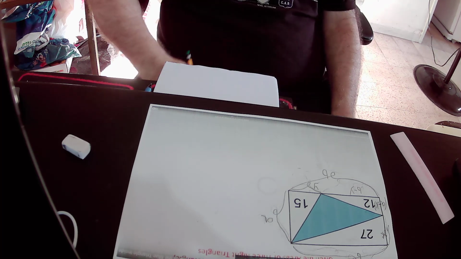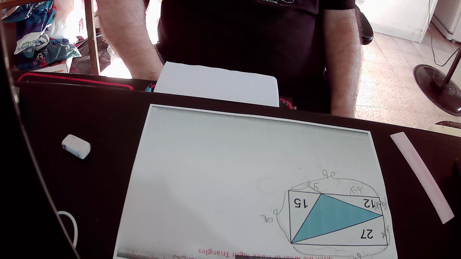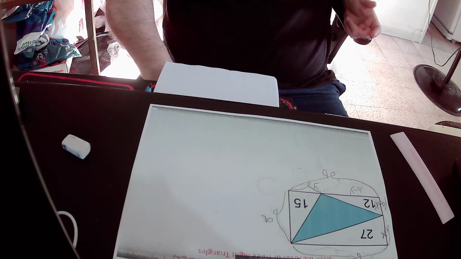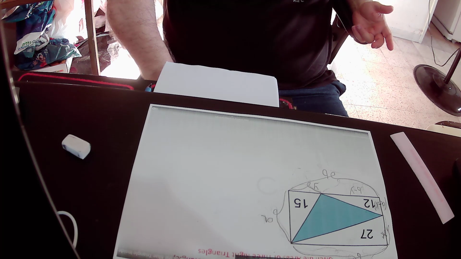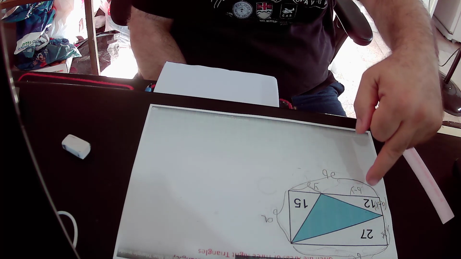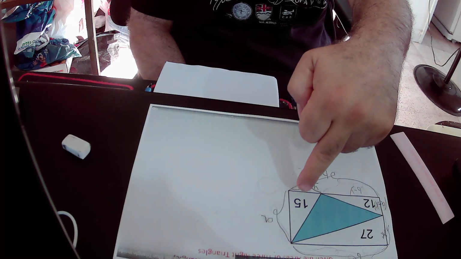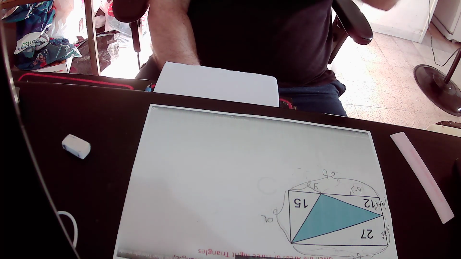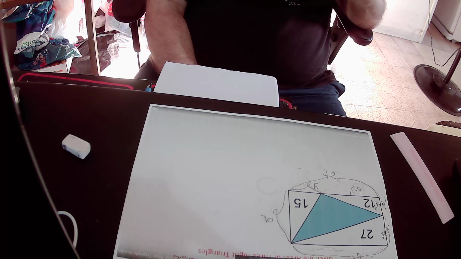So in the next step we will create the formulas for the areas of those three triangles. We already know the areas of them: the area of this right triangle is 27 units, the area of this right triangle is 12 units, and the area of this right triangle is 15 units, but we will build the formulas for those areas.